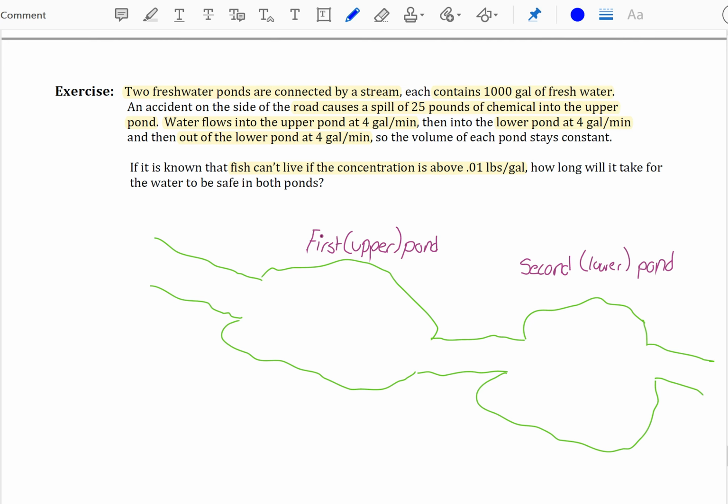And we're told that there's 1,000 gallons in each pond. Water flows into the upper pond at 4 gallons per minute.